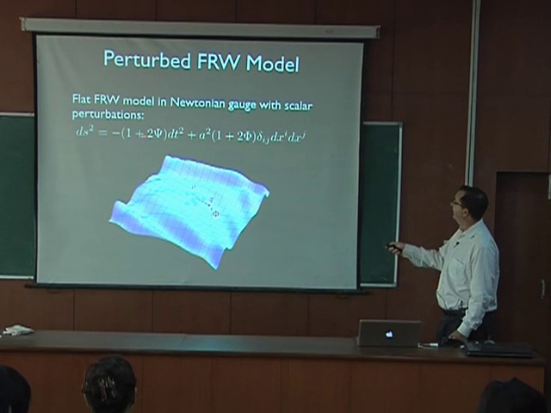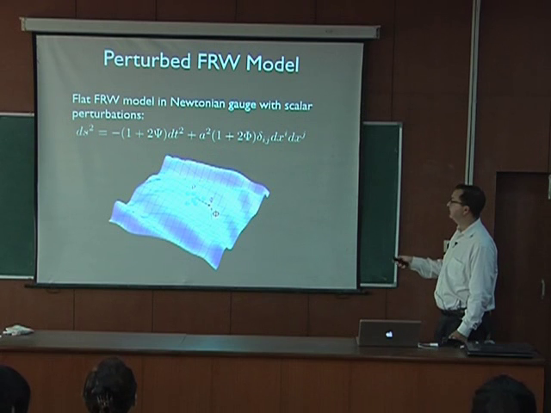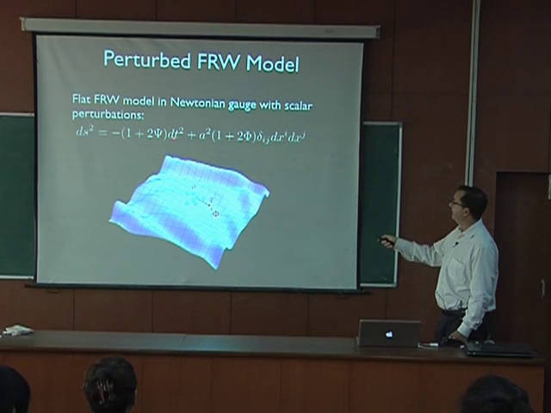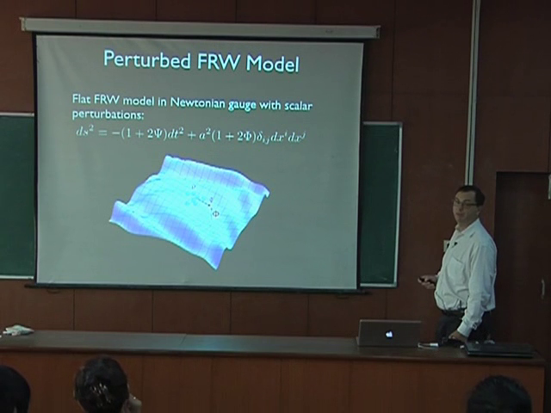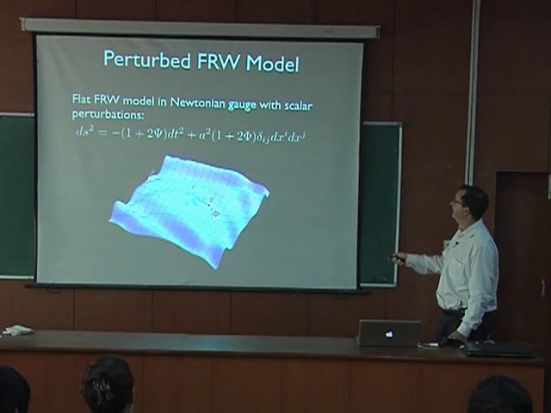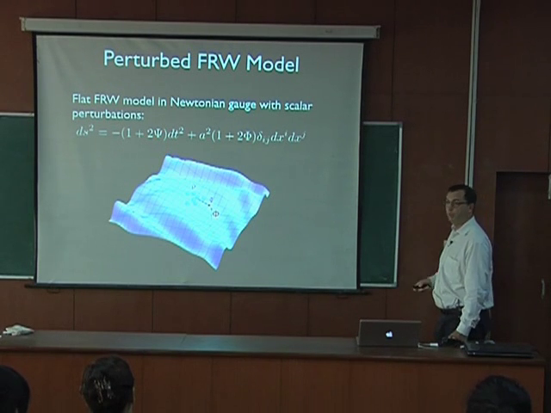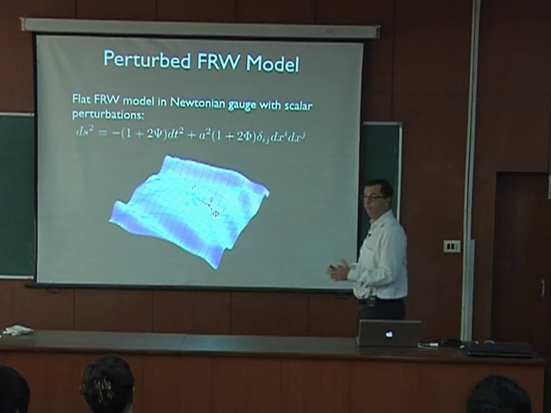So it's the FRW metric plus some perturbations. There's an additional term in the time-like part of the metric, and then another term in the space-like part of the metric. Okay? And these perturbations are described by these two scalar fields, psi and phi, which can be thought of as the gravitational potentials.